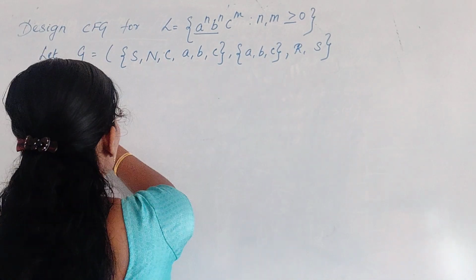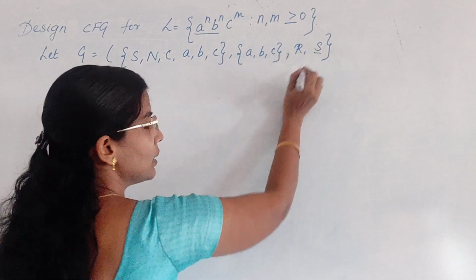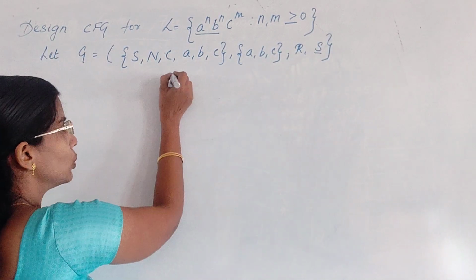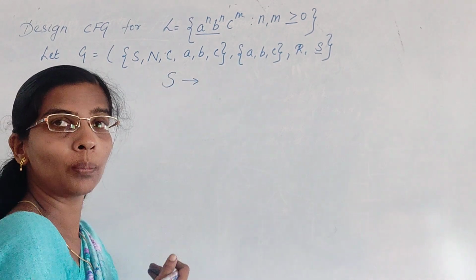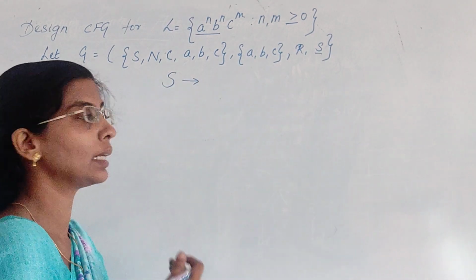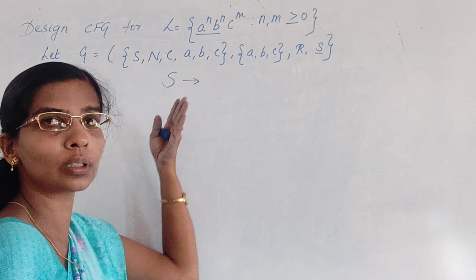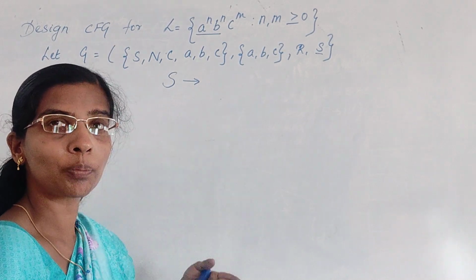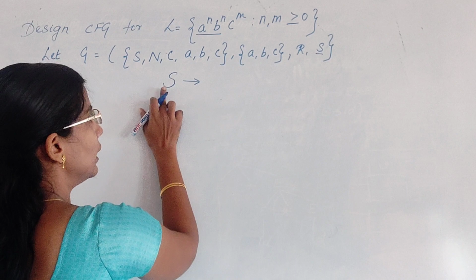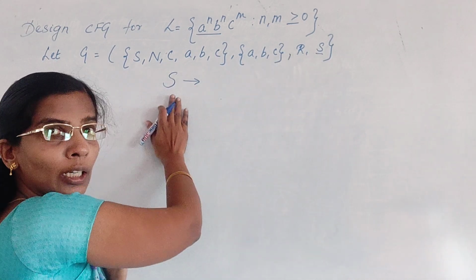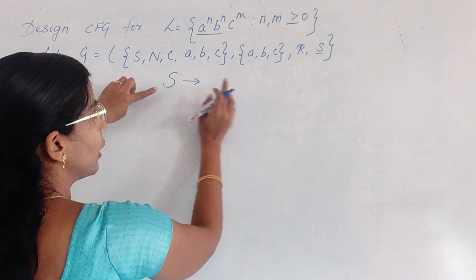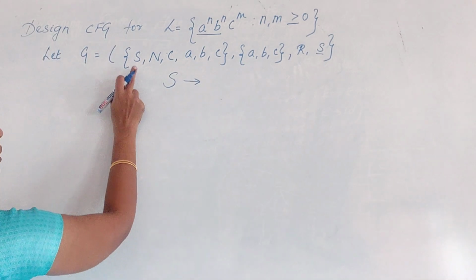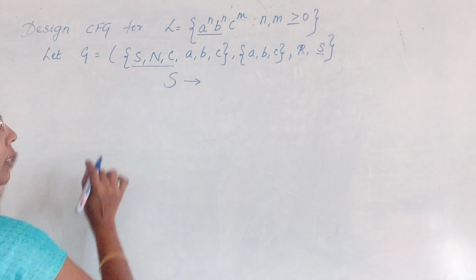And in the grammar itself it is given that S is your start symbol. So S tends to, I am writing all the productions or rules. Designing your context-free grammar means you are supposed to write all the corresponding rules. S tends to, because you have to start your productions with your start symbol. Check here, how many non-terminals are there?